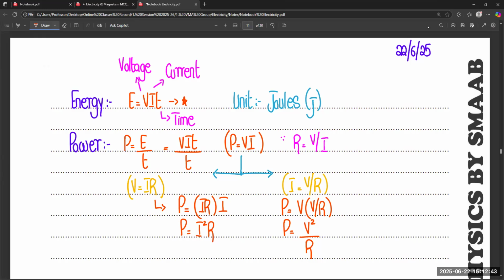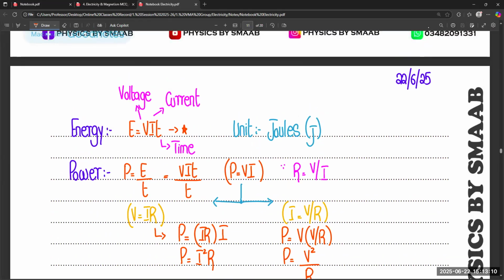If voltage and resistance are given in the question, you can calculate power by using the formula V square over R also. And if current and resistance are given, we can use P is equals to I square R. So power can also be calculated with the help of these other two relations if P is equals to VI does not work in the question. So this is the concept of electrical energy and electrical power.